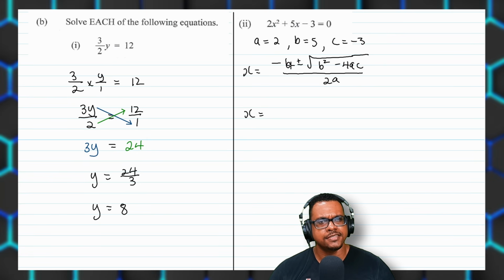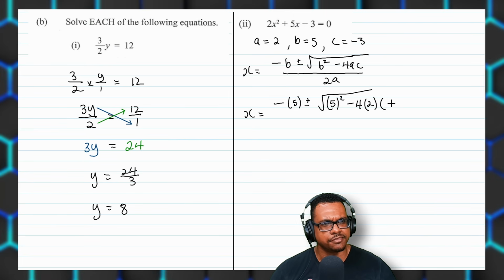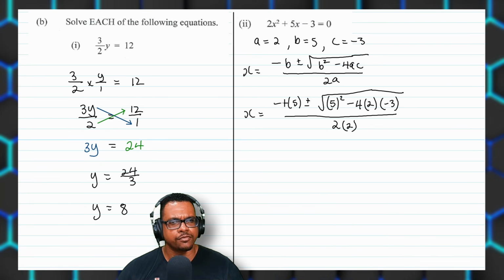So I'm going to replace the b with 5: negative 5, plus or minus the square root of b squared, and again b is 5, take away 4 times a, and a is 2, times c, and c is negative 3, all over 2 times a, and a again is 2. So now, of course, negative by 5 is negative 5. So we get negative 5 here, plus or minus square root of.